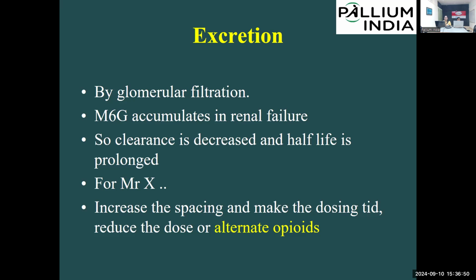So we need to either reduce the dose of morphine or increase the spacing between the doses. The patient was on 4 hourly dosing, you can go for 3 times a day dosing, or reduce the dose, or otherwise go for renally safe other opioids.